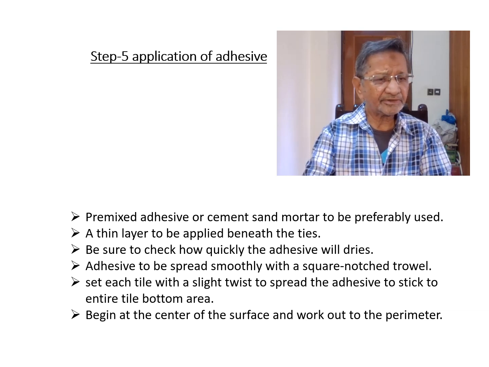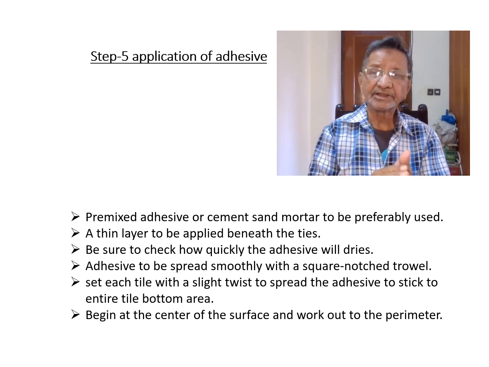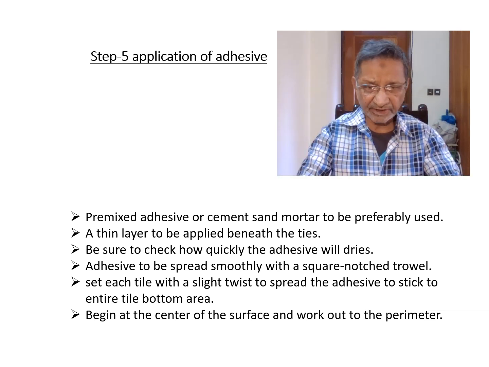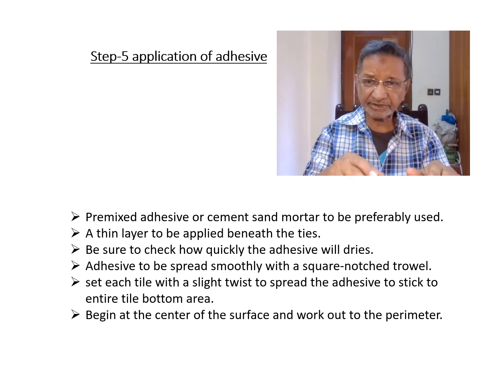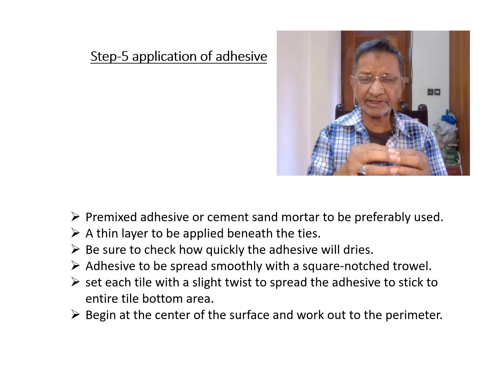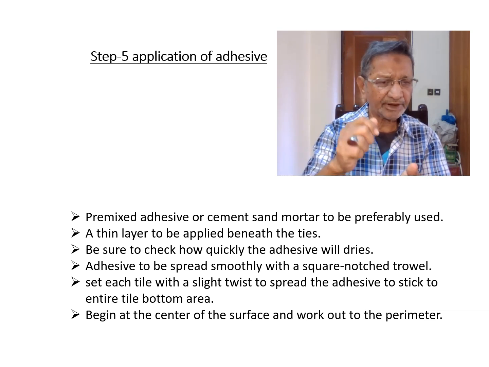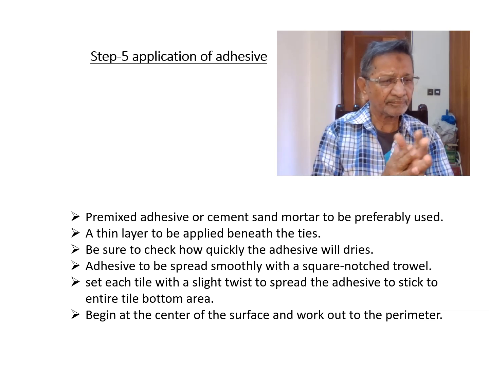Place each tile gently. I mean, you have to put the tile on the wall and floor, even for the floors, very carefully, and then tamp it with the rubber tamper.